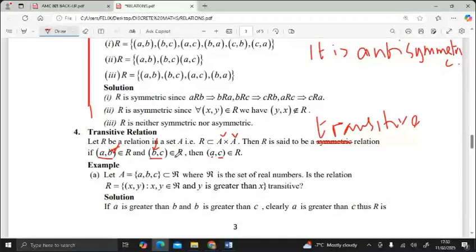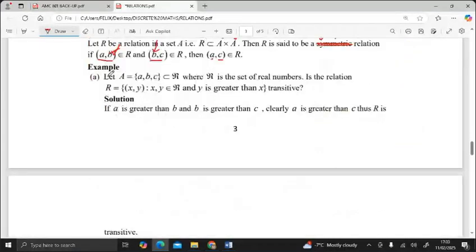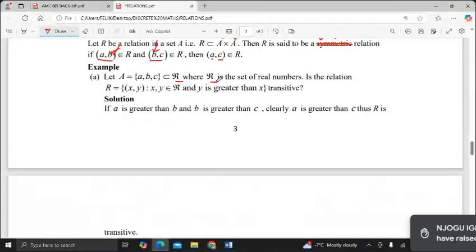So here we see that R is said to be a transitive relation if whenever A is R related to B and B is R related to C, then A is R related to C directly. So the connector in this case is B. Here we look at an example so that we have a better understanding.